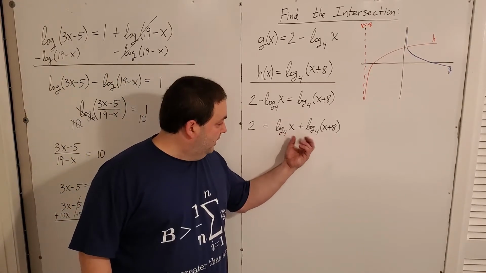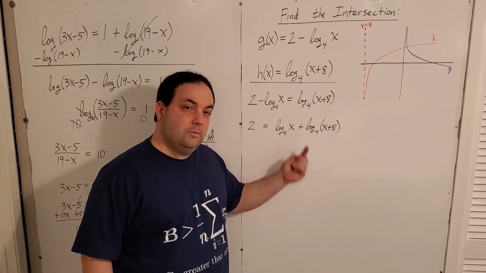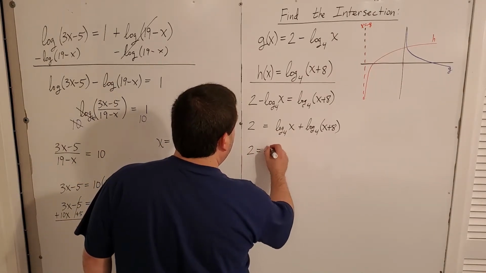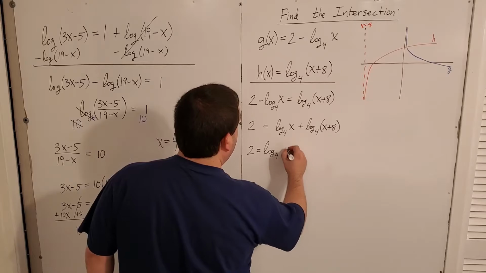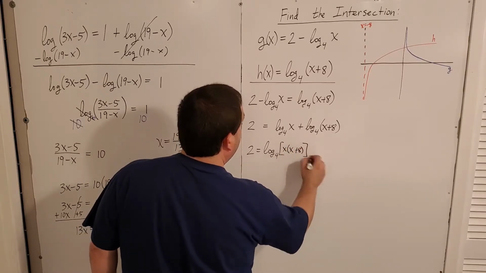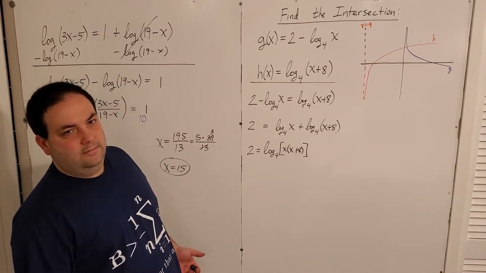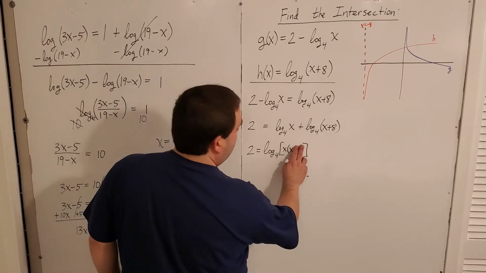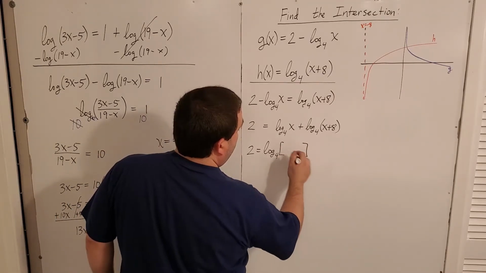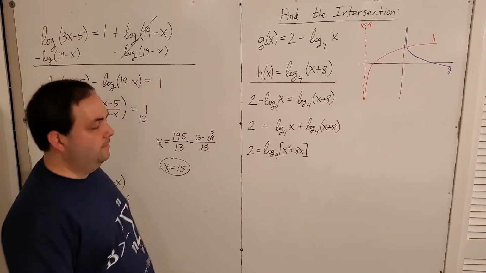So I'm going to bring these two logarithms together and they're added, which means I'm going to multiply this time. I have x times x plus 8, right? But what's x times x plus 8, honestly? Couldn't we just make this easier on ourselves? x squared plus 8x, right?